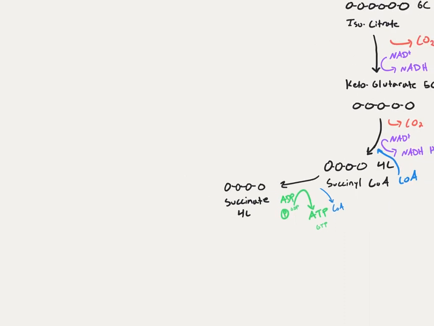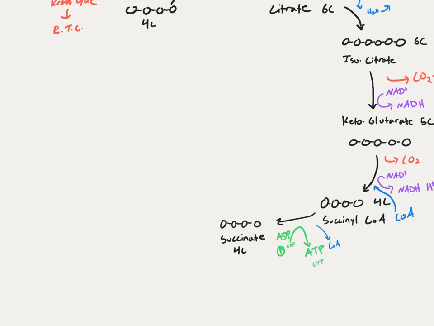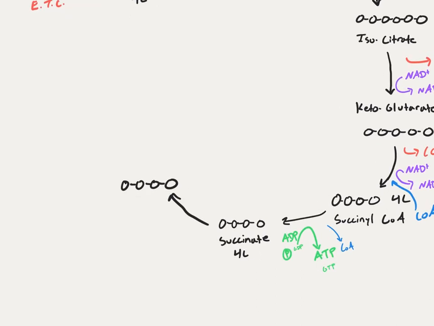So we're kind of working our way back now. We've reached the midpoint. Succinate still has 4 carbons, and it gets changed to a molecule called fumarate.